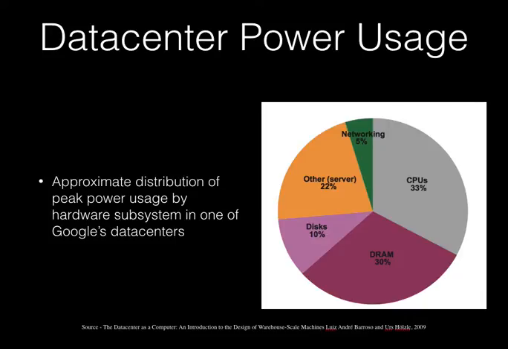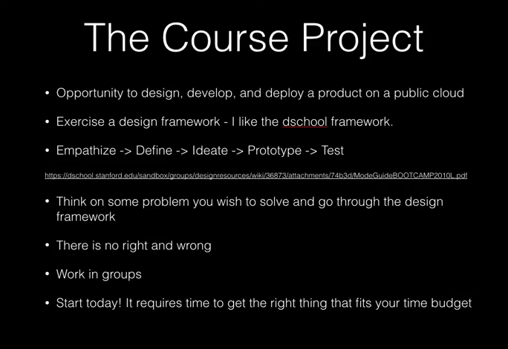It's a pretty small fraction. So the point here is that there is a lot of overhead in operating such a service. Yeah, so it's 33% as I called out.